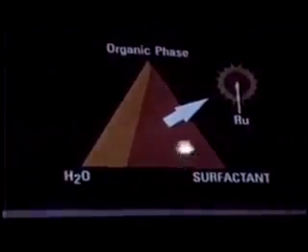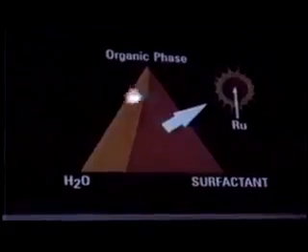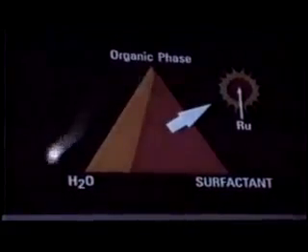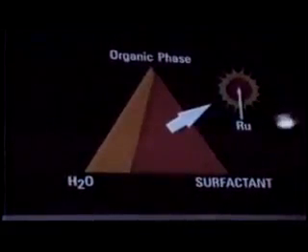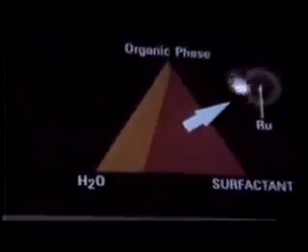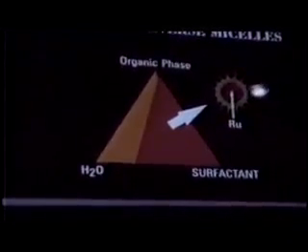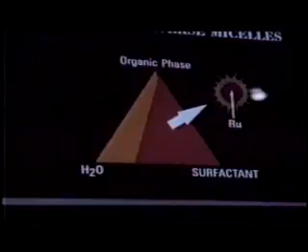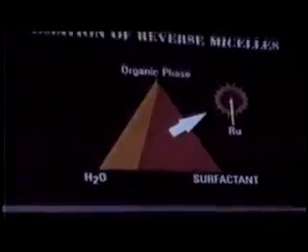When we mix the three together, we make a reverse micelle solution, and in a certain region of the composition diagram, we form reverse micelles, which are water cores surrounded by surfactant molecules in an organic continuum. The surfactant molecules orient their hydrophilic portion toward the inside of the water core where ruthenium is dissolved, and their hydrophobic portion toward the outside, the organic continuum.